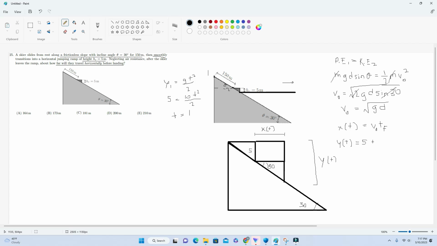And we see that this extra part, right, is increasing by this extra height here. That is increasing with x of t. That's increasing by x of t tan 30. We pretty much get our y of t function, right, is going to be 5 plus x of t tan 30.